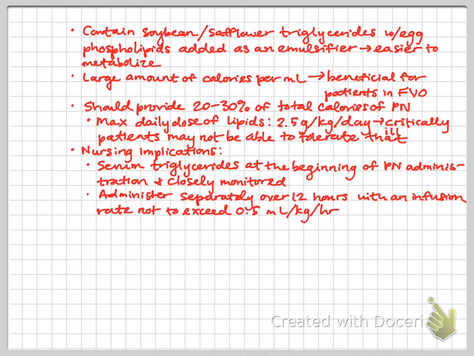So for a patient who maybe weighs 100 kilograms, that would be times 100 kilograms. That would be 50 mLs per hour. It shouldn't exceed that, right?